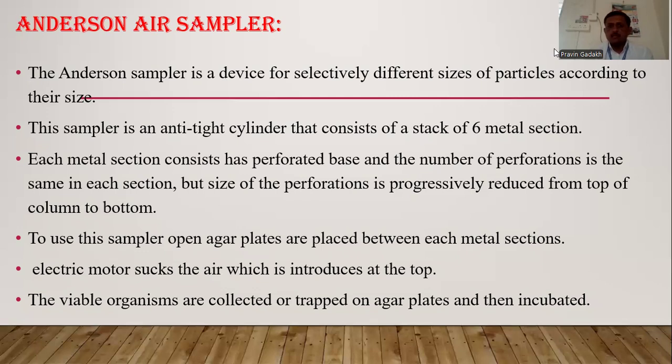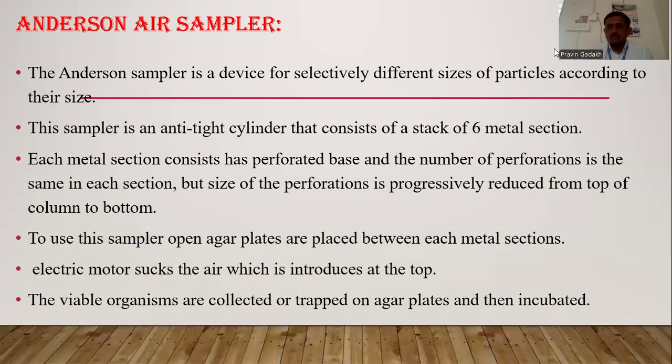By using an electric motor, we suck the air from the first opening of the air sampler so that the air can enter the metal air sampler. Depending upon the particle size, the large dust particles get trapped on the first section.